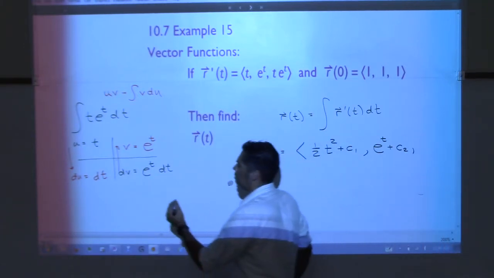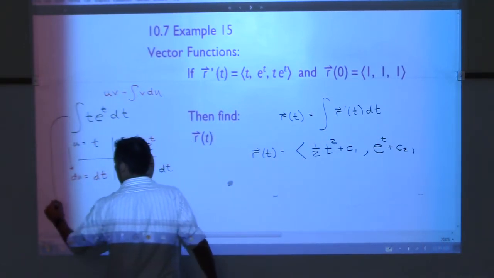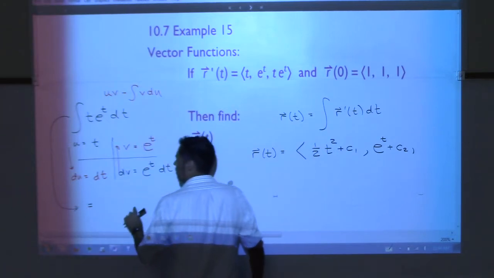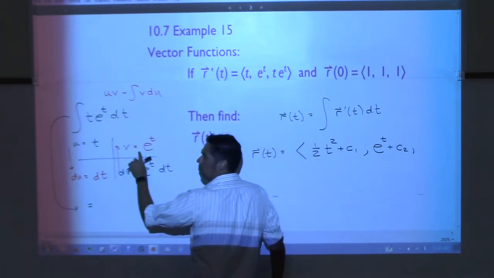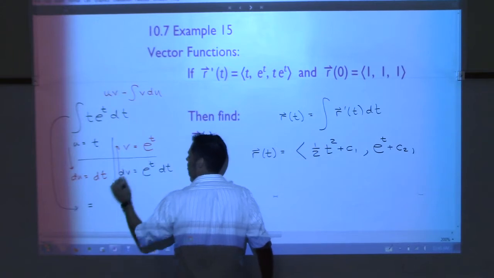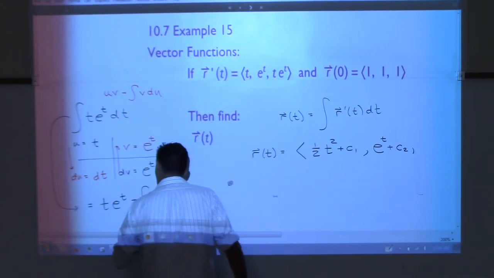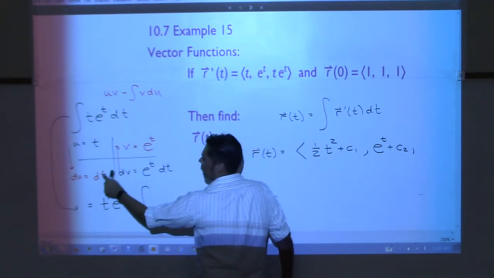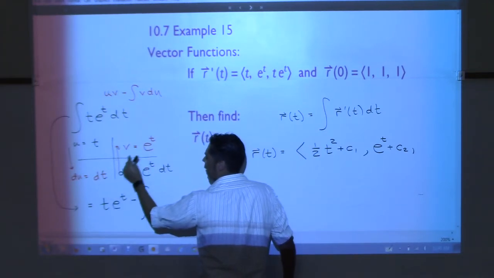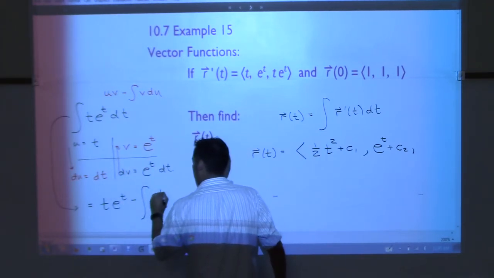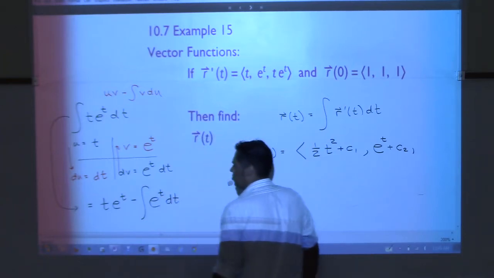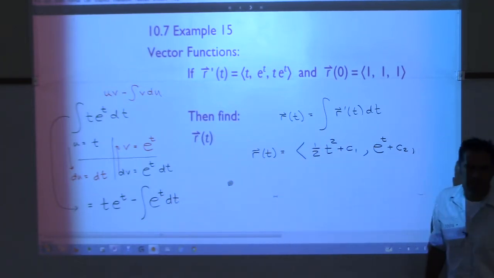So this integral will become u times v, right? So this times this, so t e to the t minus the integral of v du. So these two multiplied, e to the t dt. And that integral is easier to do, right?